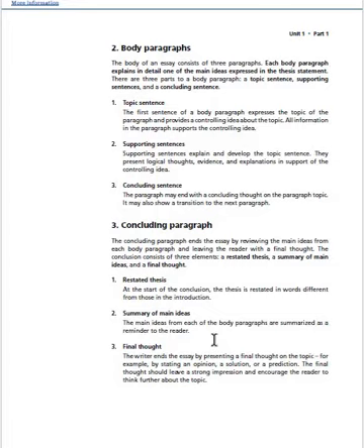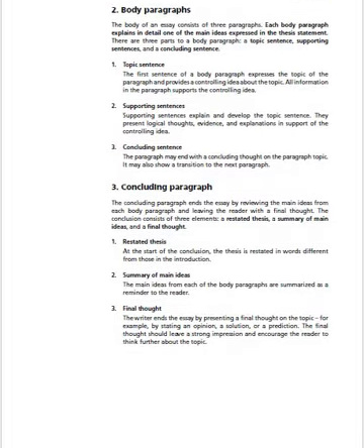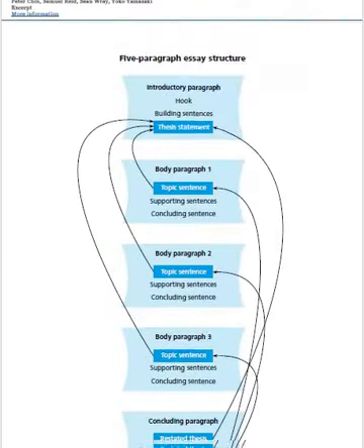So this is about the paragraph. Basically we discuss the introduction paragraph, the body paragraph, and the concluding paragraph. As a reminder, I'm going to discuss again the structure of an essay.